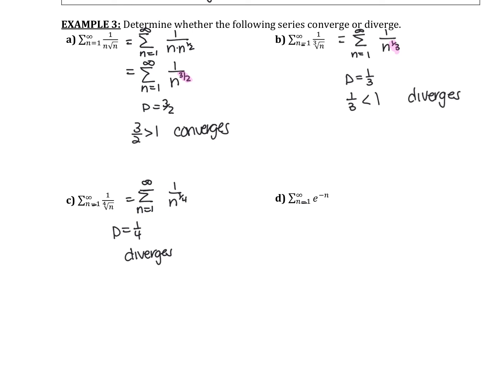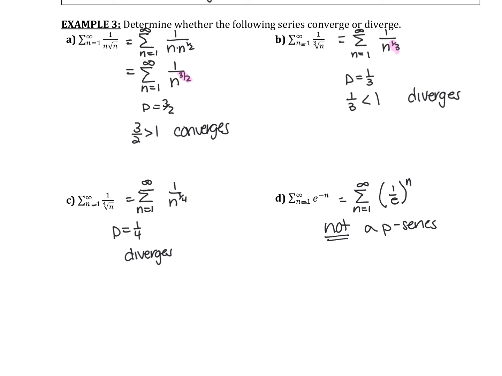Now, this next one, hopefully it stumped you a little bit. Because if I go to rewrite this, I get 1 over e to the positive n. That's what that negative exponent does. It flips it. It makes it 1 over e to the positive n. This is not a p-series problem.